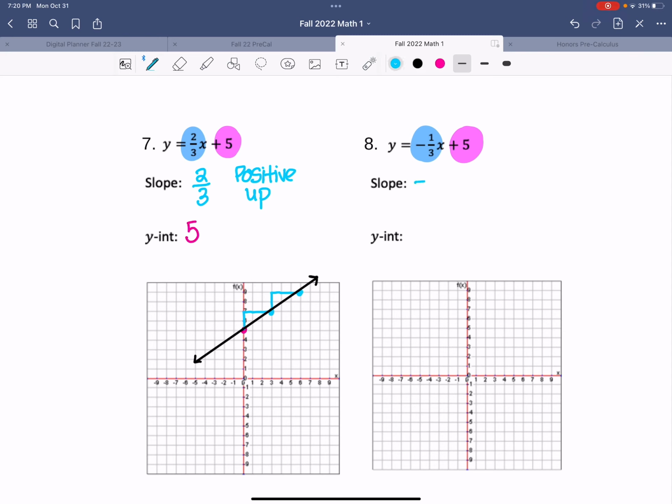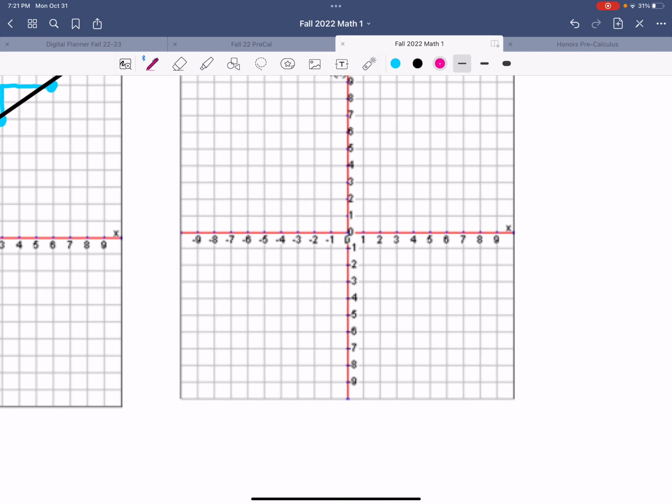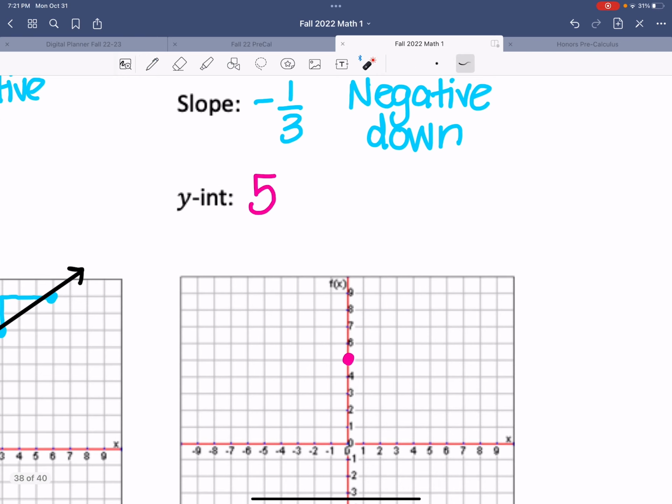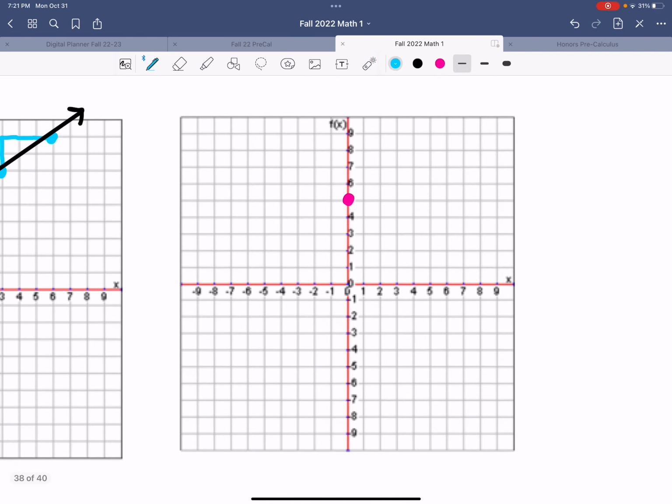So slope is -1/3, so since it's negative, we're going to be going down this time. So we're going to go down and to the right. And then my y-intercept is at 5. So we're going to plot on the y-axis at 5, and then we're going to go down 1, right 3.